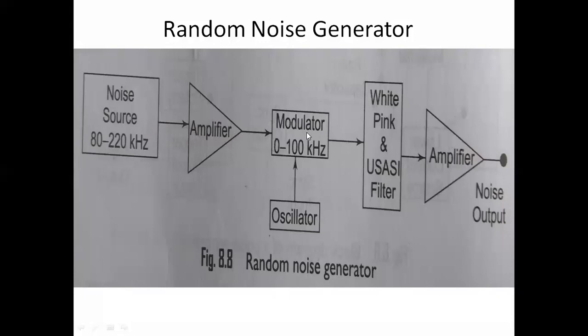In the modulator, these 80 to 220 kilohertz signal frequencies are heterodyned to 0 to 100 kilohertz. So what is the meaning of heterodyne? Heterodyne is nothing but decreasing the frequency range.